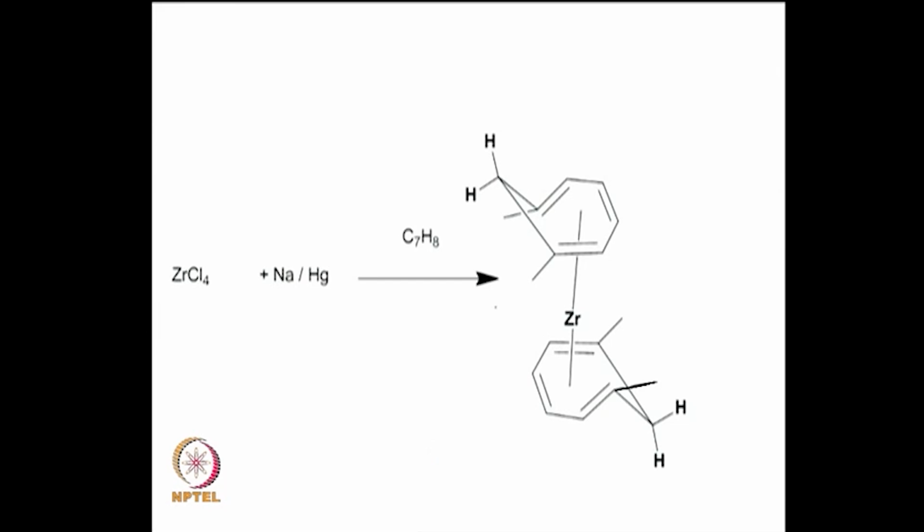This will be a 16 electron complex, and what you have done is reduce the zirconium from the +4 oxidation state, and in the presence of a neutral ligand C7H8, you end up generating what you have here as a metal triene complex.